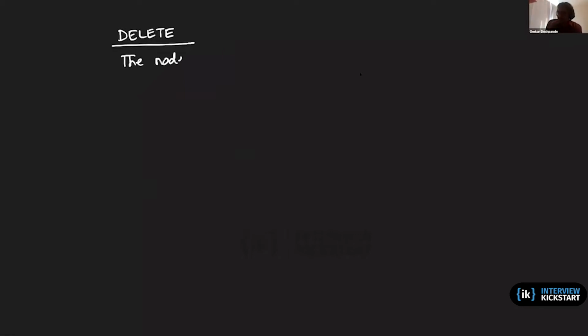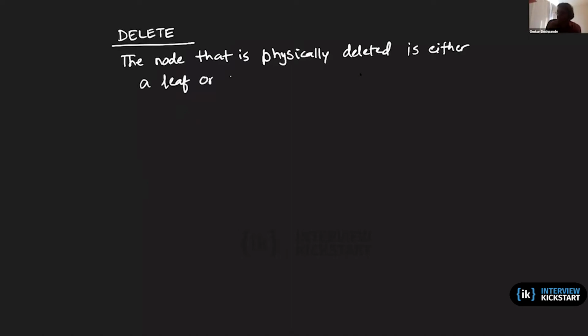The node that is physically deleted is either a leaf or a node with one child.